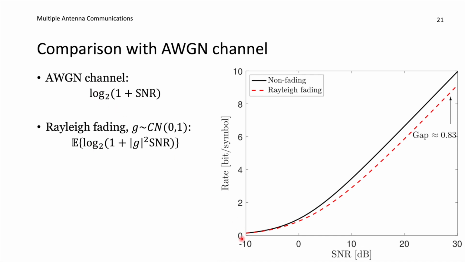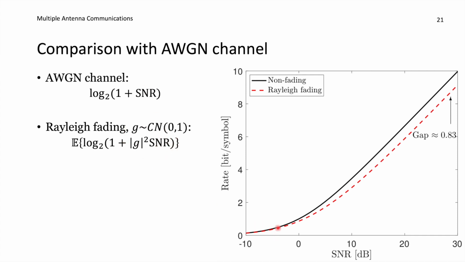On the right here, you see that the SNR is varying, and we show the rate here on the vertical axis. The solid black curve is for the non-fading case, and we have the Rayleigh fading case as the red curve. And at low SNR, they are overlapping. And that is because we can neglect the logarithm in that case, just move the expectation inside here, and then we are getting the same value.